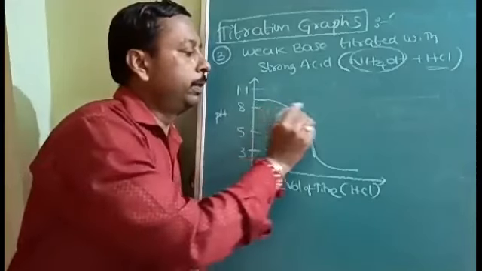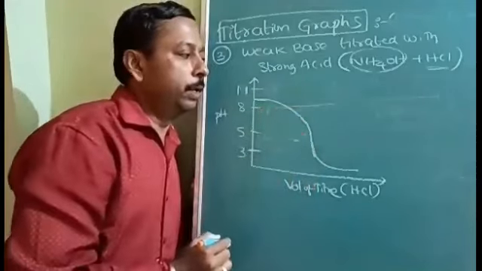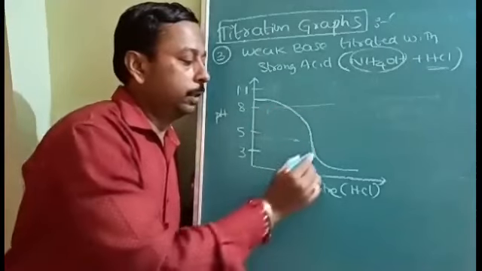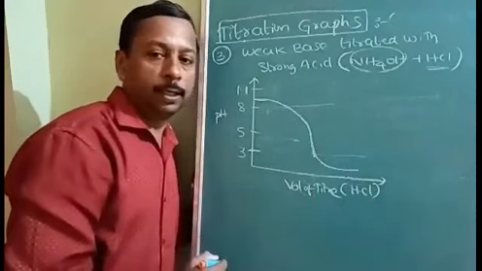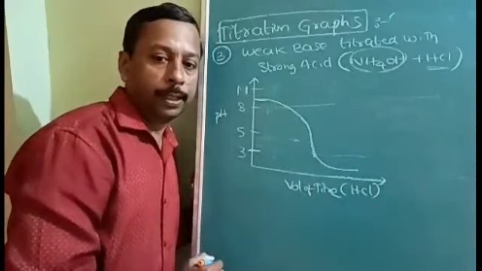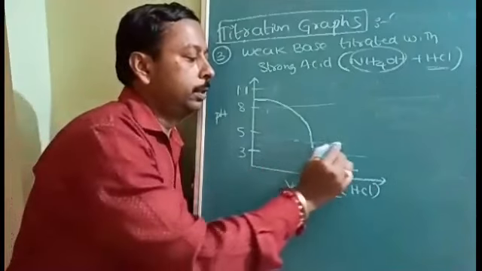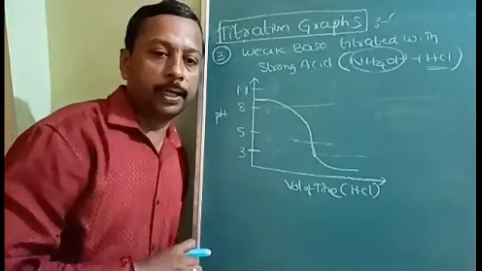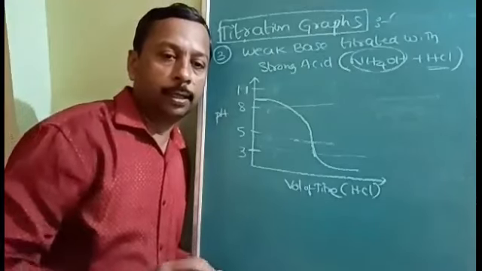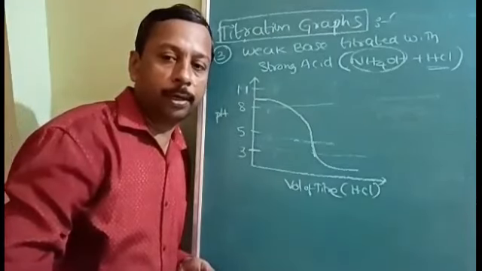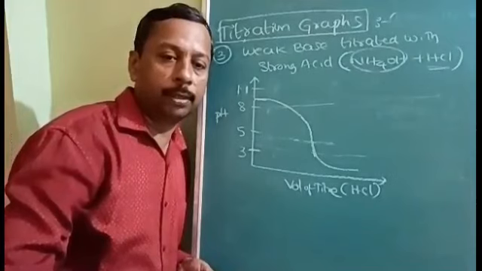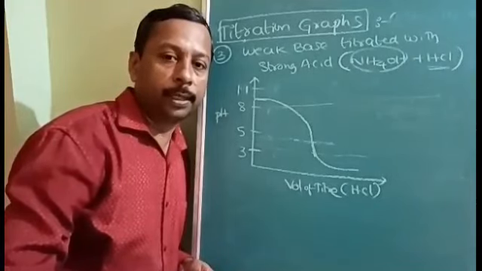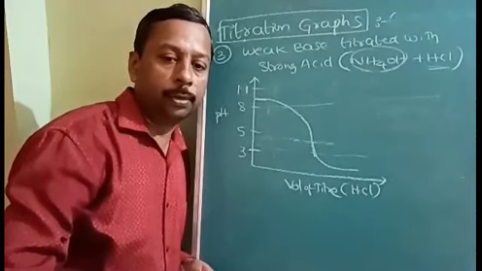So this will be the end point with respect to phenolphthalein. This will be end point with respect to methyl red, and this is the equivalence point. At least we can identify nearby location of the equivalence point by comparing the strength of acid or base. Is it clear to all of you? Is it audible?